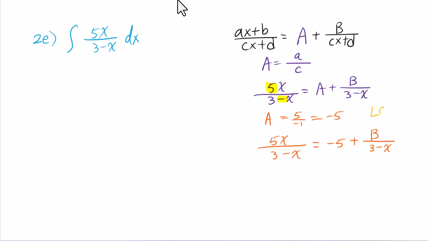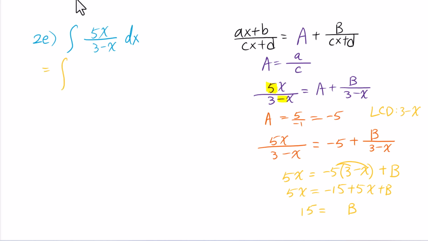Both sides times LCD 3 minus x. We got 5x equals negative 5 times 3 minus x plus b. Distributive property. 5x equals negative 15 plus 5x plus b. So b equals 15. We will change this into kind of a partial fraction.